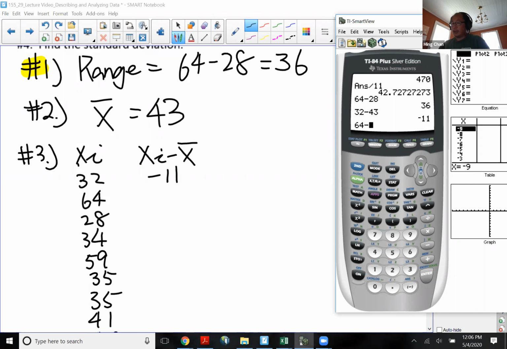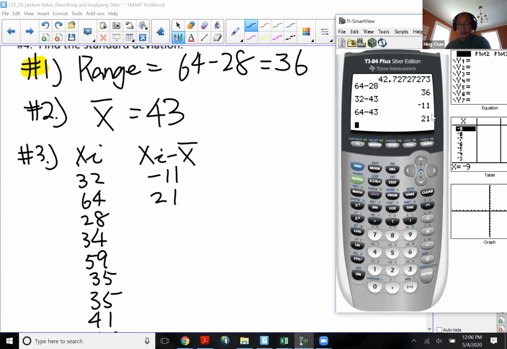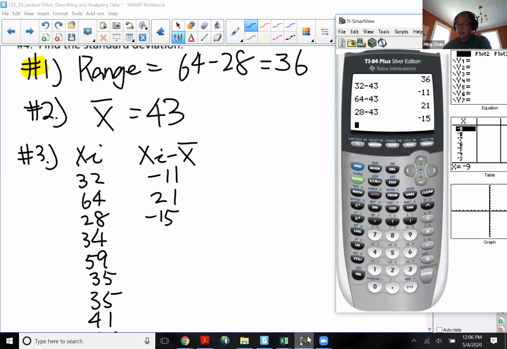64 minus 43, positive 21. Let me find my calculator so I can do this a little quicker. 28 minus 43, 34 minus 43, negative 9.